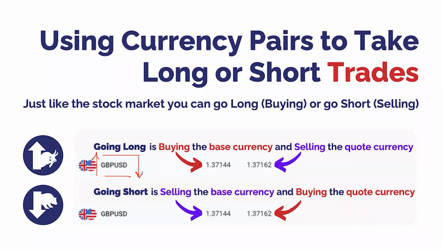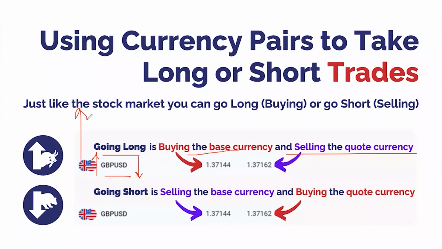So when we're buying the base currency, we are automatically selling the quote currency. So we're buying one currency and selling another, and we want the price to go up because we're going long. Essentially, we want to own more dollars for the same amount of pounds that we're spending.